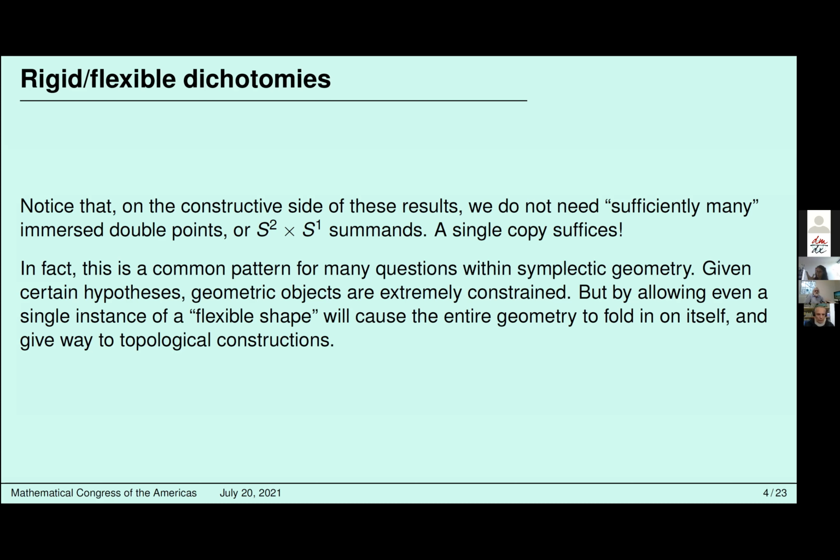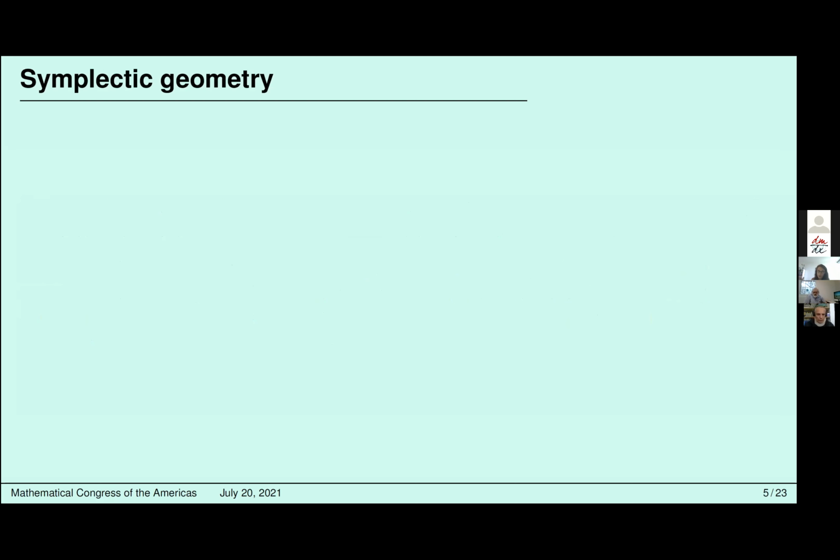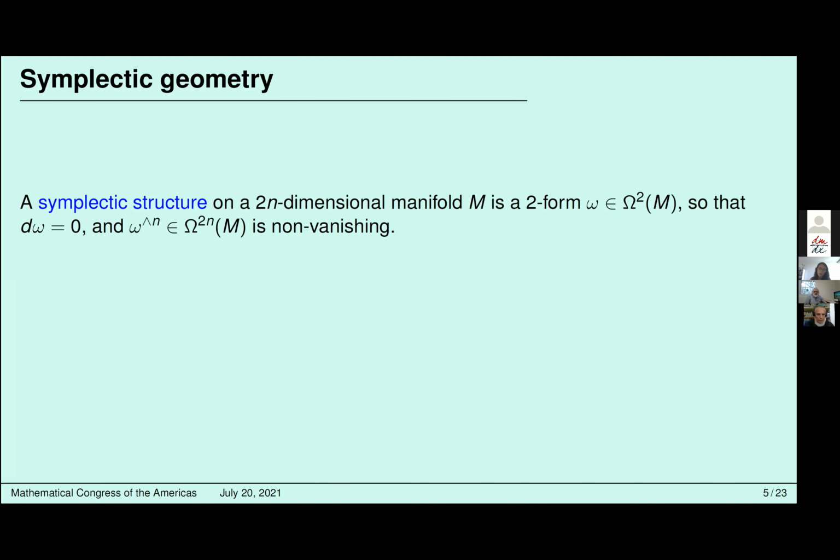So I think that's an unusual phenomenon within geometry, and that's a big part of what I want to explain. Because this is a symplectic phenomenon, I need to talk a little bit about what symplectic geometry is. And this is famously a little bit opaque.